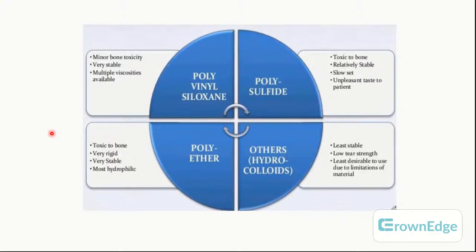So given a choice, always go for polyvinyl siloxane. If it is not available, then polyether should be your second answer. The third can be polysulfide, and then come agar and alginate. So come what may, do not directly shift to hydrocolloid impressions.